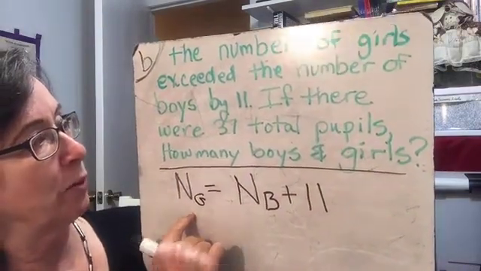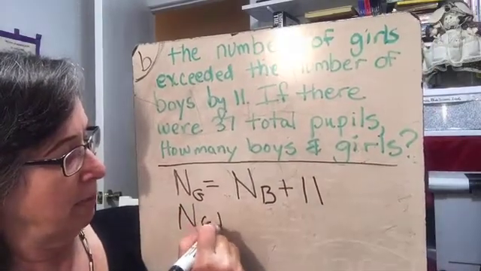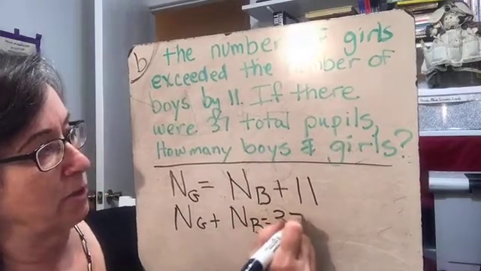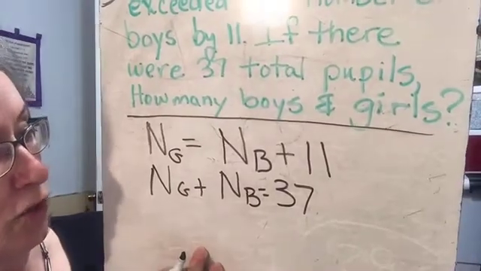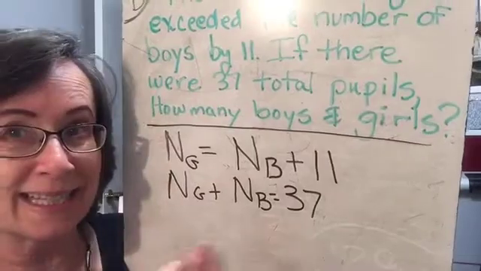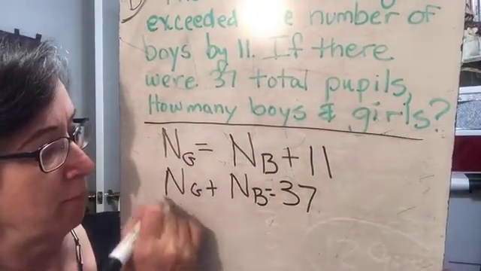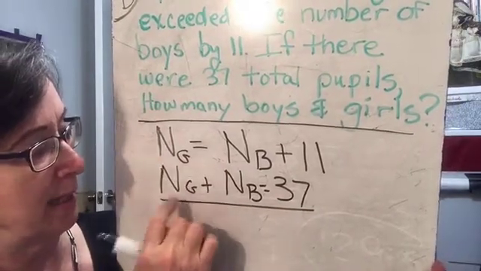If there were 37 total pupils, so the number of girls plus the number of boys is 37 total. How many are boys and how many are girls? So here we have a good substitution because we already have number of girls separated on one side of the equation. So I'm going to take the number of girls in my core equation here, and I'm going to substitute in NG.